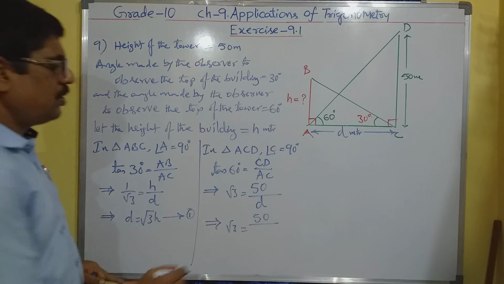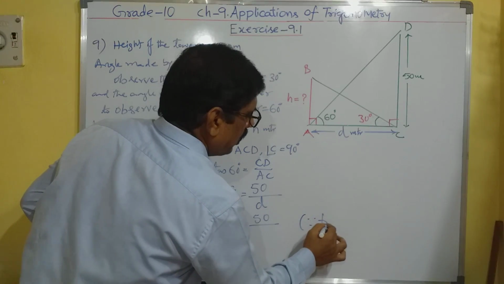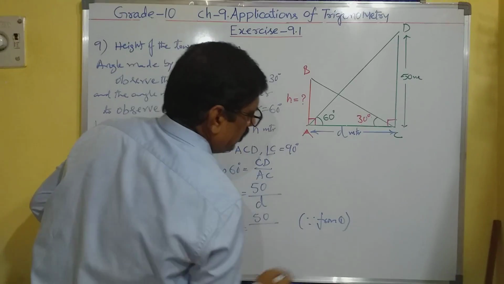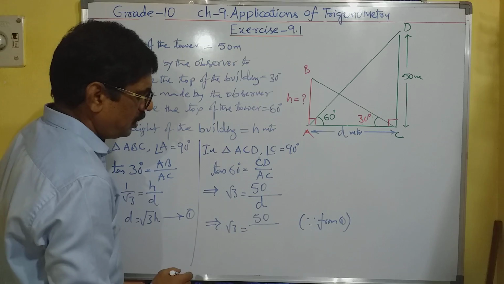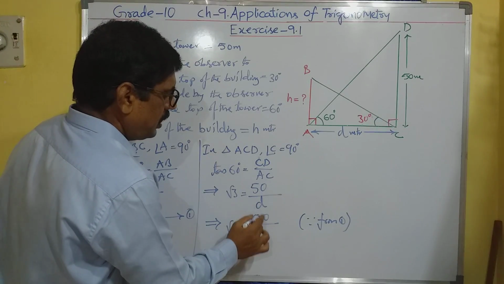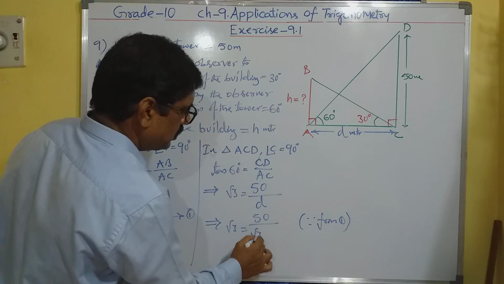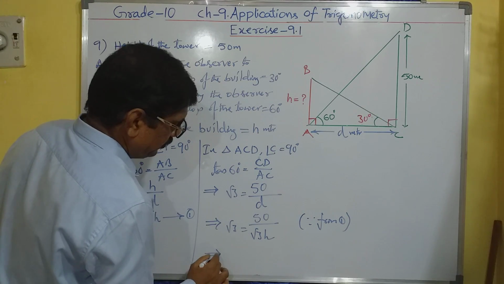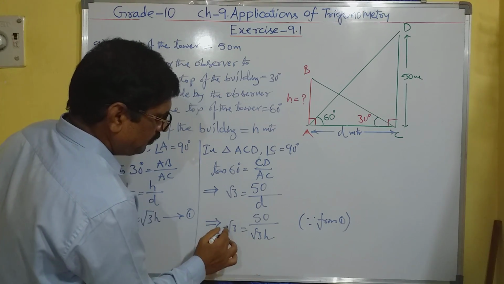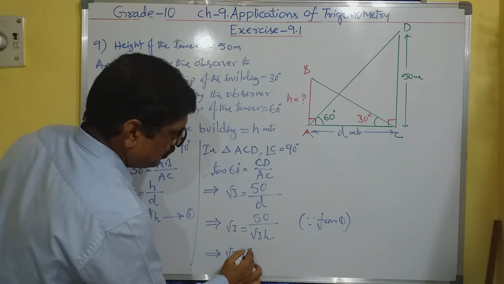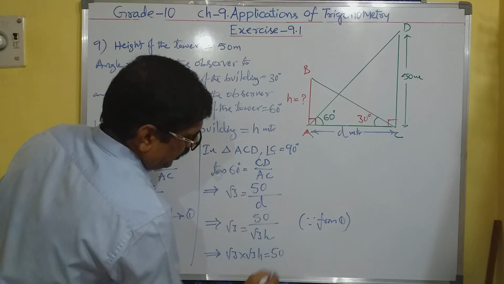Look at this. So from 1, okay, D value is root 3H. So this implies root 3 if you take to this side, root 3 into root 3H is equal to 50.